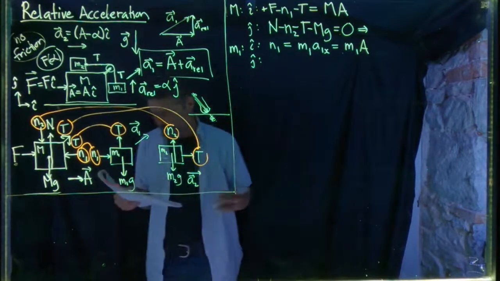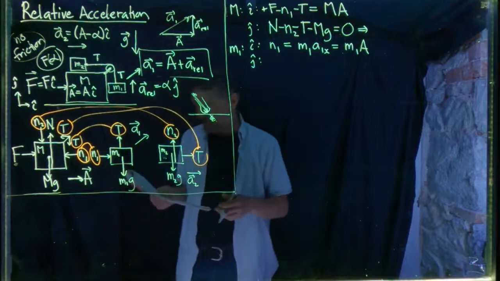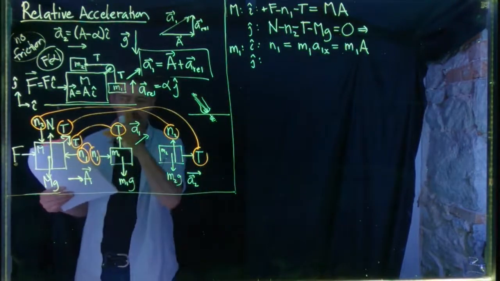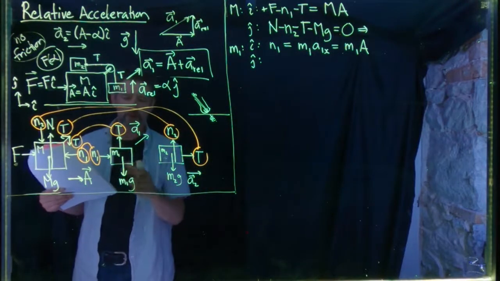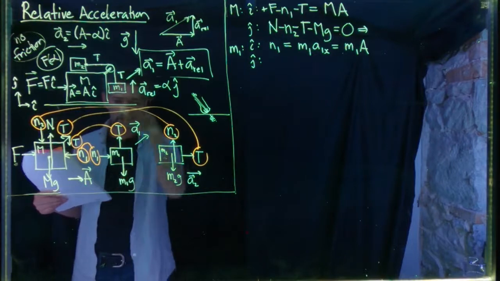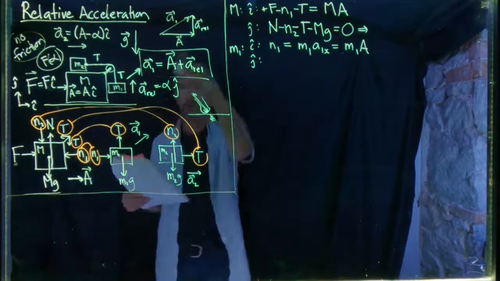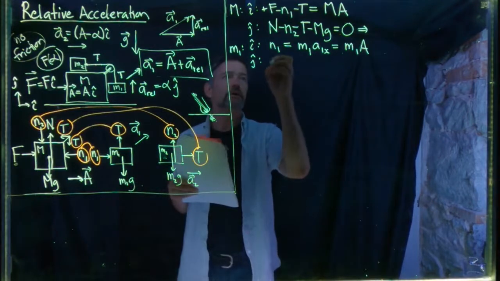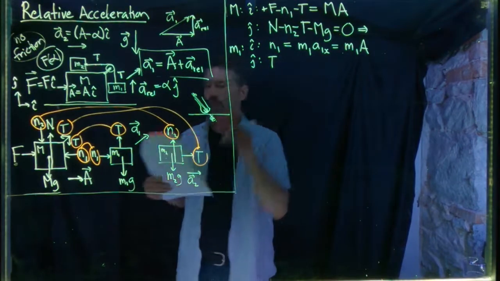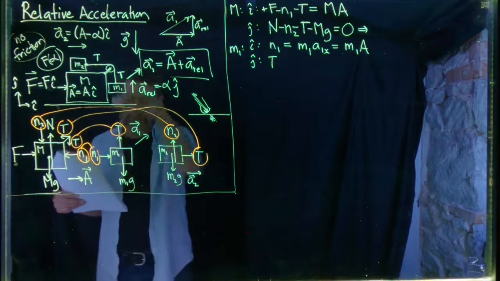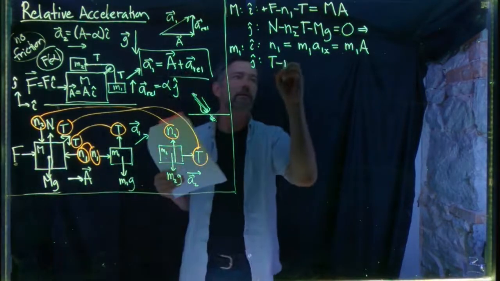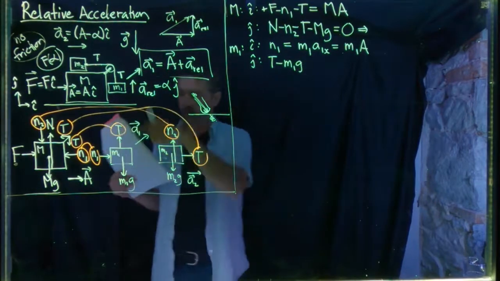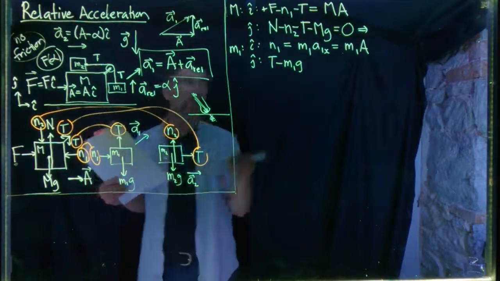Okay, so that's important. And then in the j hat direction for mass M1, we have a tension and a weight, and then the vertical component of A1. So there's a tension T in the upwards direction, there's a weight M1g pulling down, and so that's it for the vertical forces.